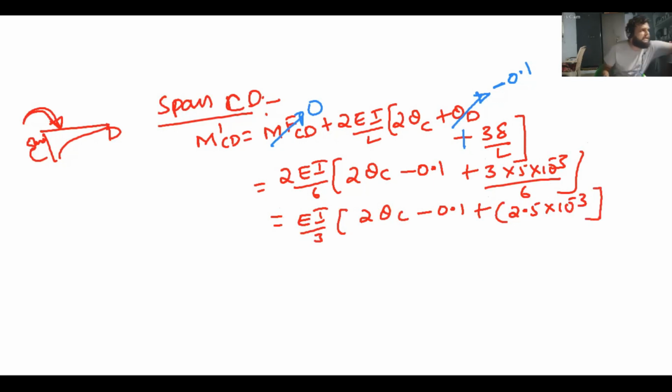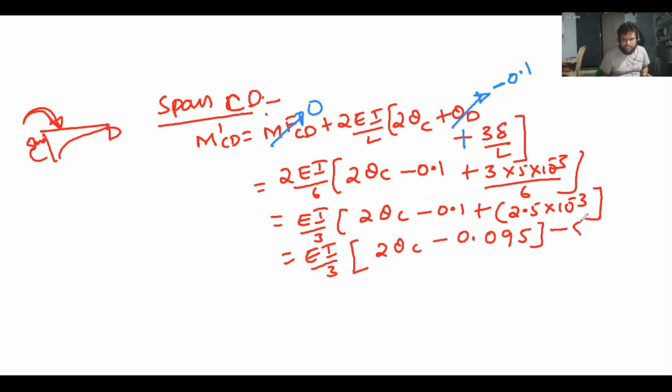If you calculate this, 2.5 into 10 to the power of minus 3 minus 0.1 is equal to minus 0.0975. So EI by 3 into 2 theta C minus 0.0975. So this is equation number 5.